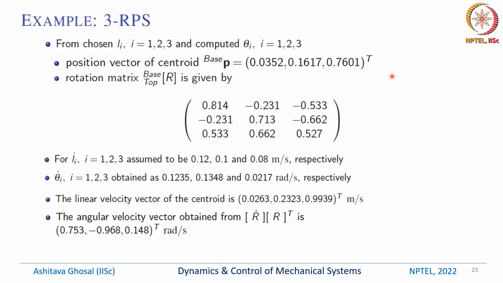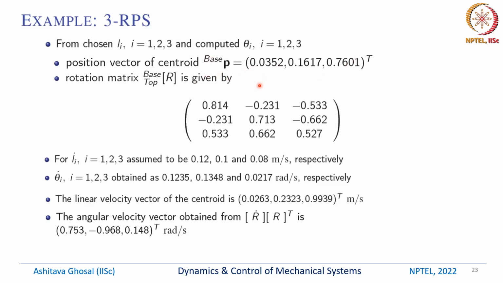Once we have found theta 1, theta 2, theta 3 for the chosen L1, L2, L3, we can go back and substitute the values of L1, L2, L3 and the corresponding values of theta 1, theta 2, theta 3 in the vectors base S1, base S2 and base S3, and then we take 1/3 of the sum of these three and we get the position vector of the centroid, which we can obtain in this expression.